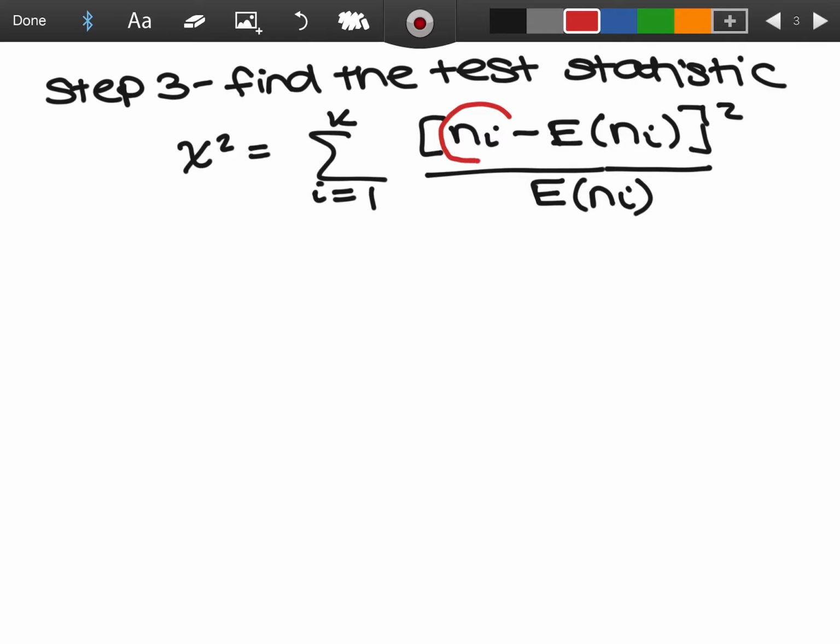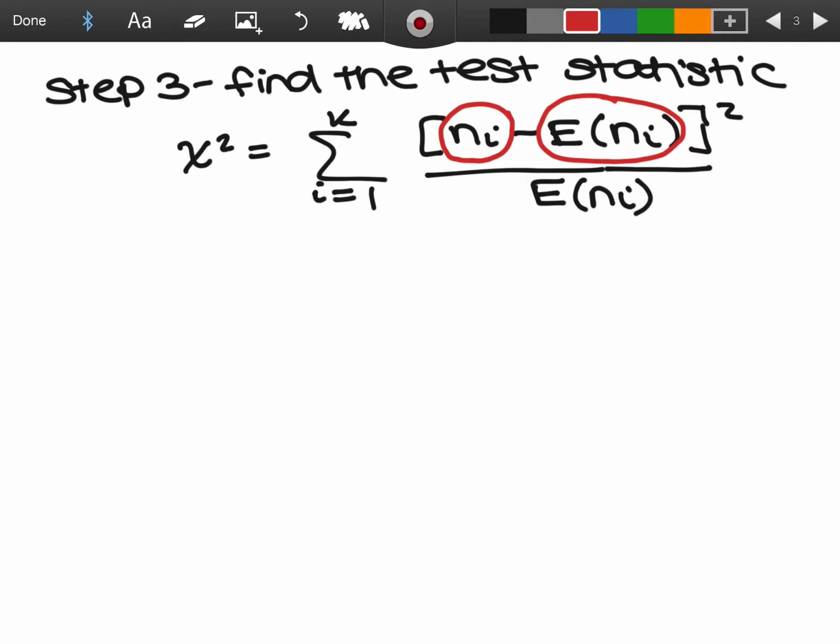This is taking the actual number of a particular outcome. So this particular outcome happened this many times when you conducted the experiment. This is the actual number of times that a particular outcome happened. This is the expected number of times that we thought that outcome would happen.